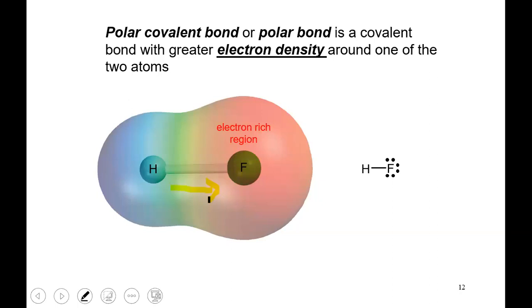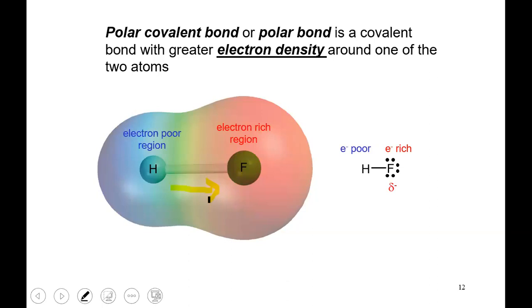And because of that, we say that we have a partial charge. We're going to use symbols to represent the electron-rich side of that bond and the electron-poor side of that bond. We're going to use, yes, you guessed it, yet another Greek letter.